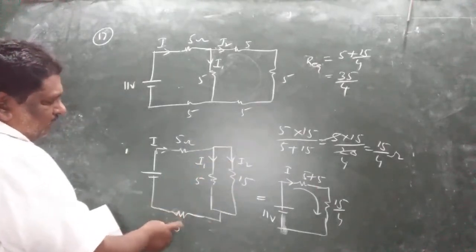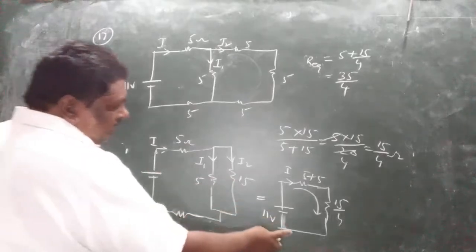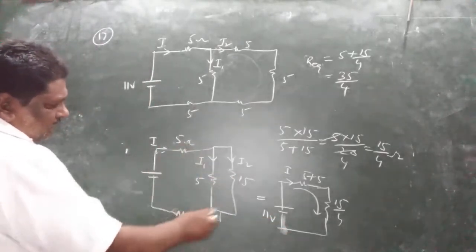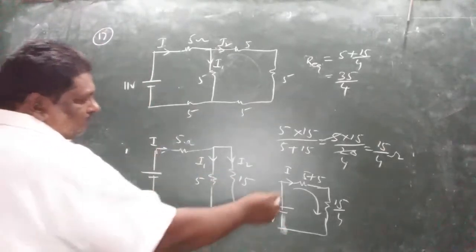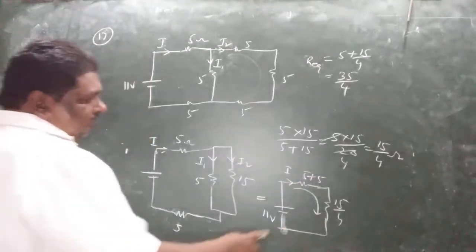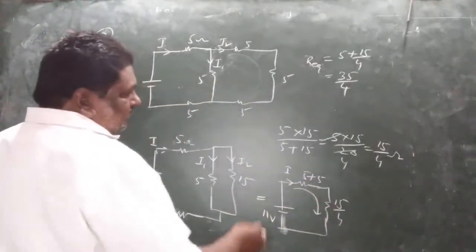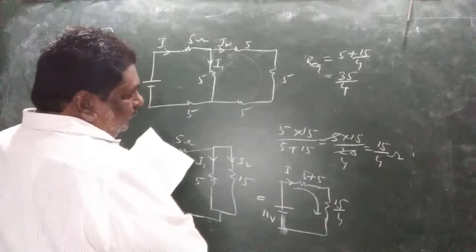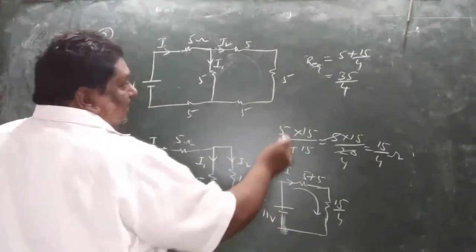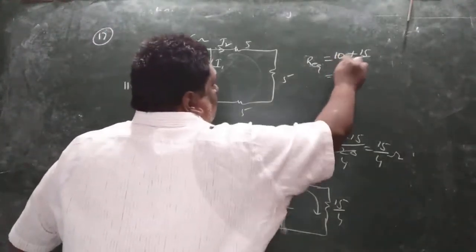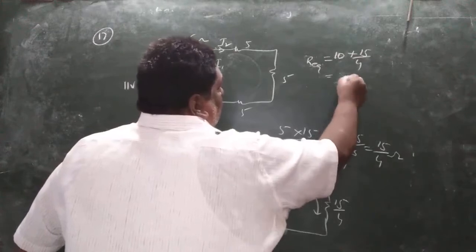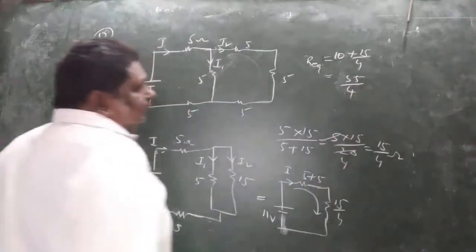That's why here 5 and this one, here 5, same current flowing. So these two are 5 plus 5, that is 10. 10 plus 15 by 4 is 55 by 4.